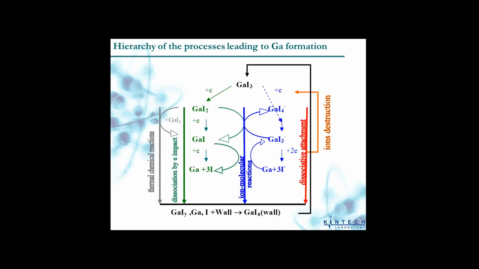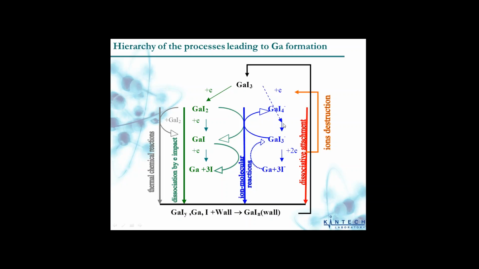A chemical mechanism for gallium iodide three was elaborated. Very shortly, this mechanism consists of the following branches. The first is, as I said, direct interaction of electron with the gallium iodide and dissociation. Another way is dissociative attachment of electron to the gallium iodide, and this process brings more gallium to the gas than the first one, because gallium iodide has a very high affinity for the electron.